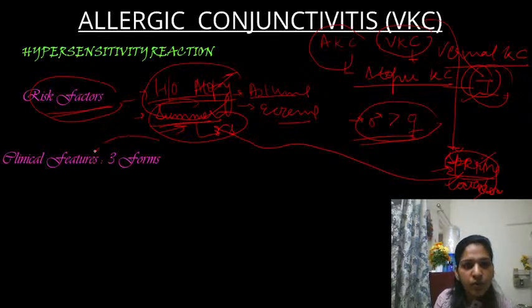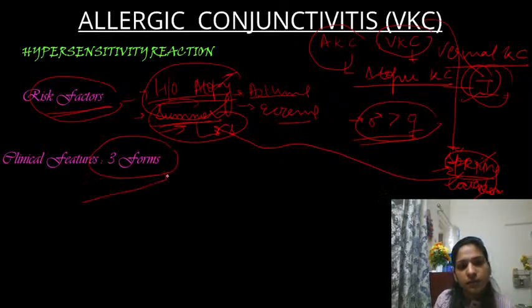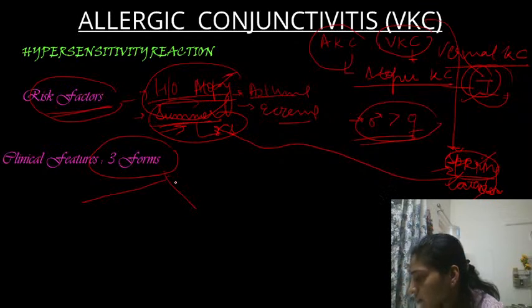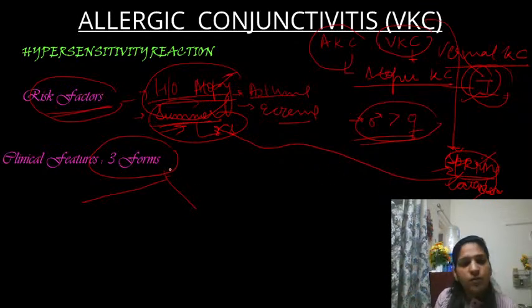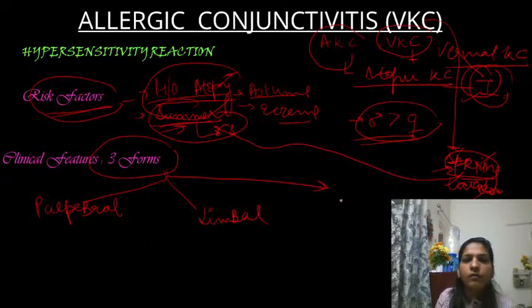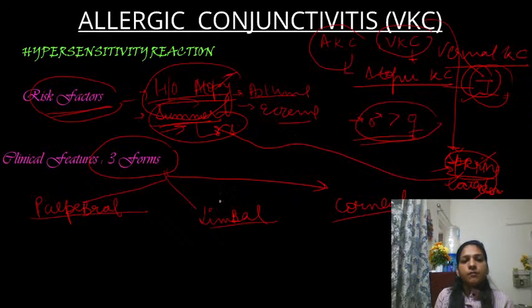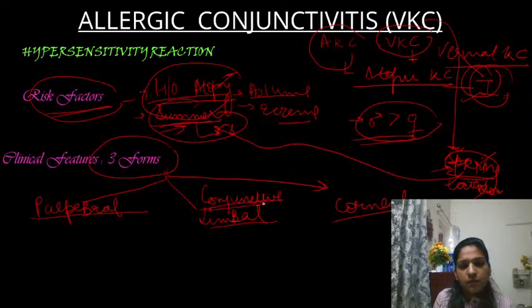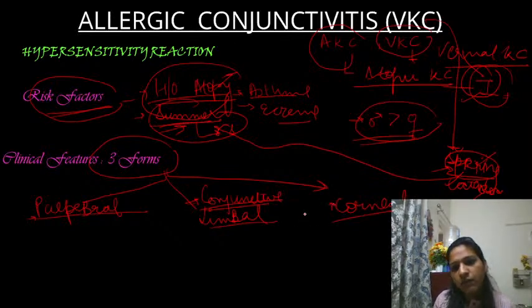So there are 3 forms of VKC. Adyut, Krish, can you just tell me the 3 forms of VKC? First one is a palpebral form, it can have a conjunctival or limbal form, or it can have a corneal form.